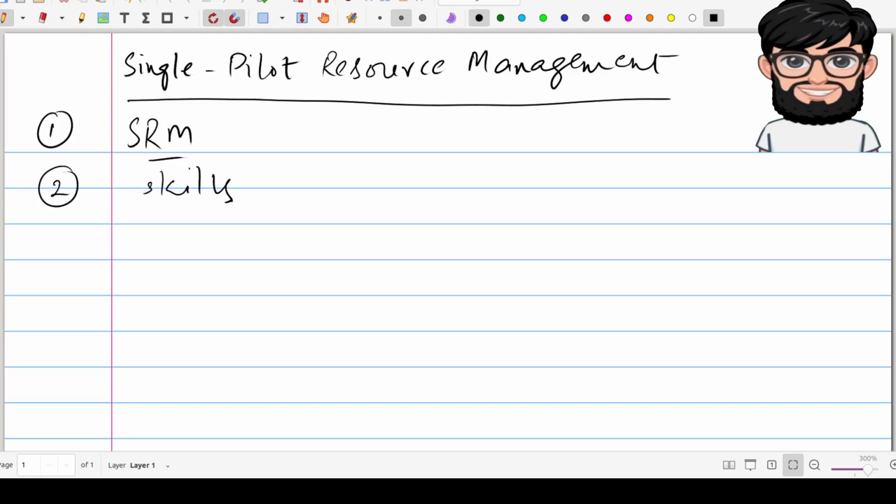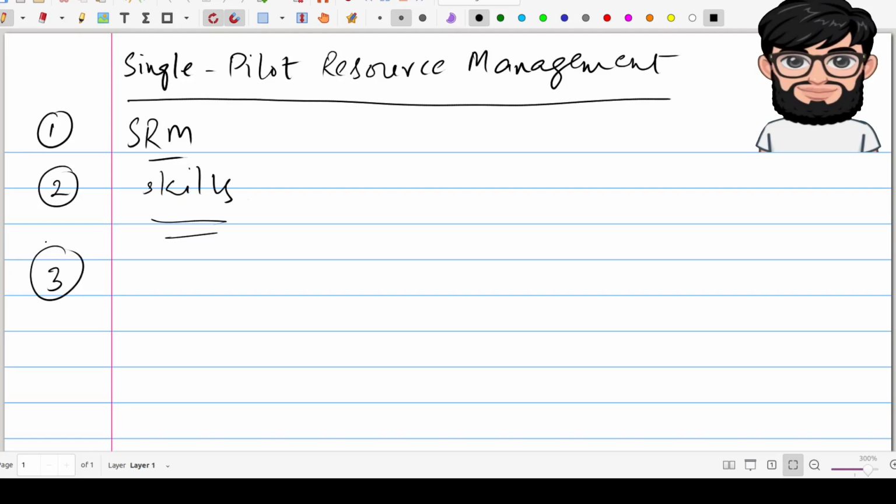The skills basically include the concepts of aeronautical decision making, risk management, task management, automation management, controlled flight into terrain awareness, and situational awareness. Those are the skills and examples of this resource management.